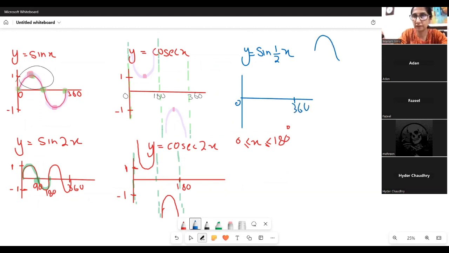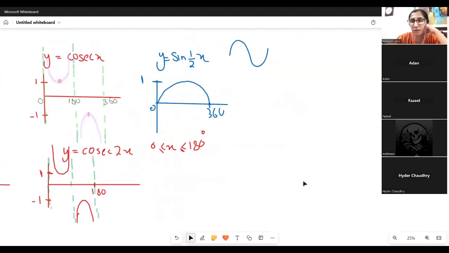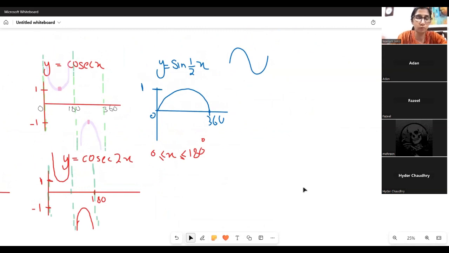So a full cycle is not completed, but half cycle is completed. So it will be like this. And then a full cycle is completed at 720 degrees. But let's assume that the asked domain is from 0 to 360 degrees. So the given domain is 0 to 360.